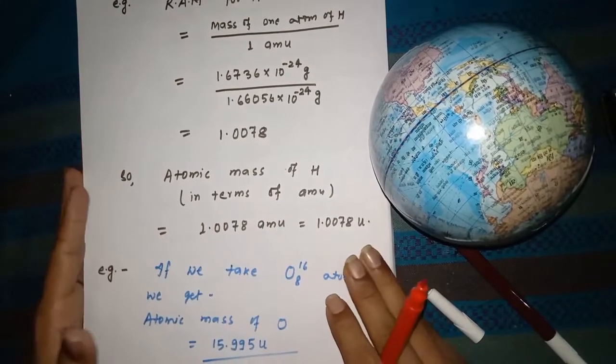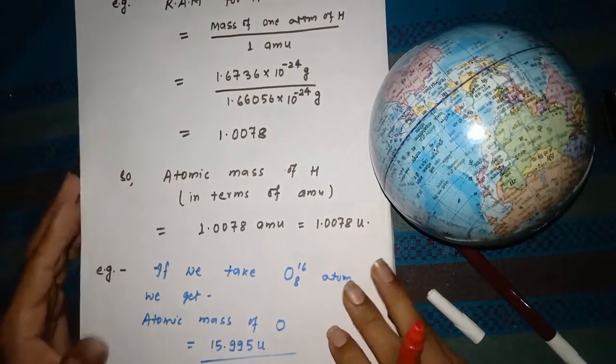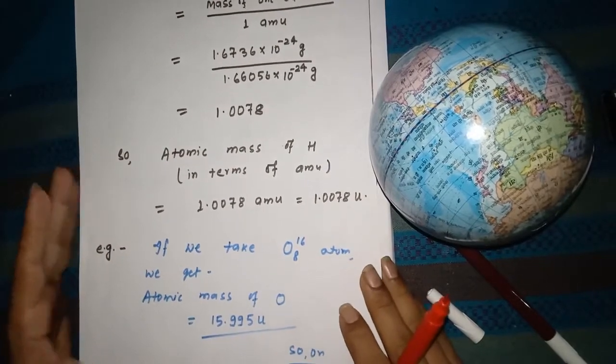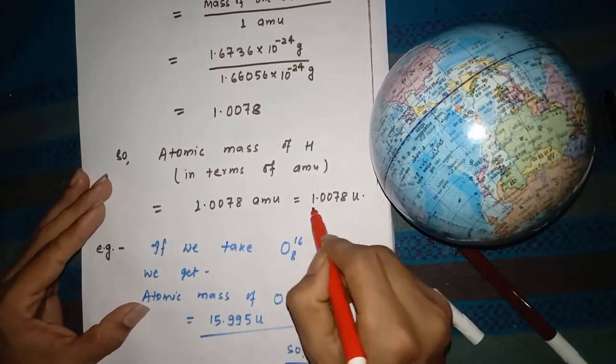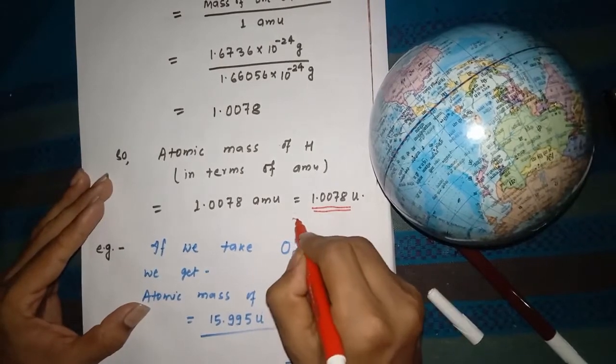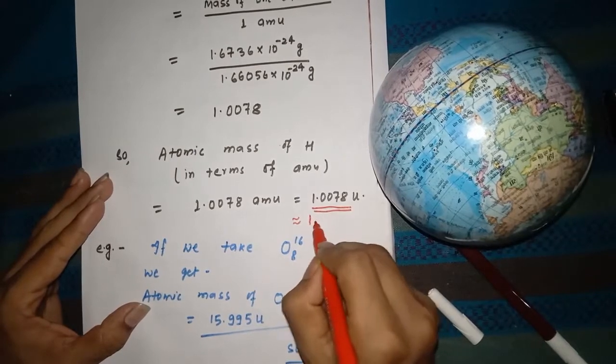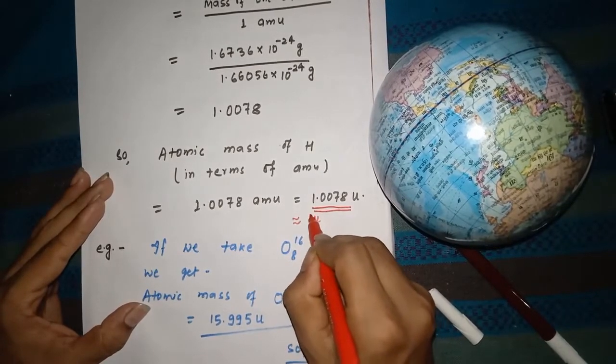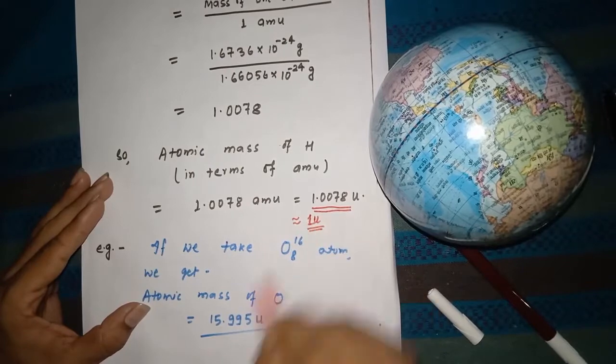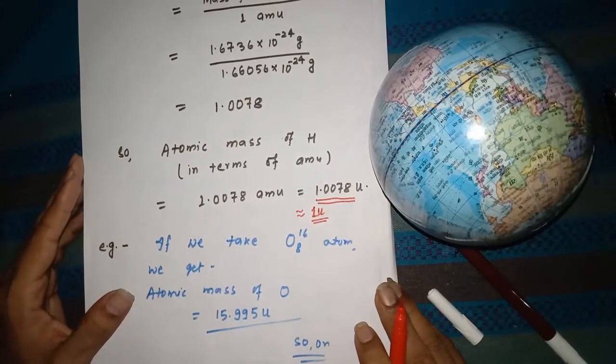This can also be written as 1.0078 U. That means the atomic mass of hydrogen is 1.0078 U, or by rounding off to 2 decimal places or 1 decimal place, it becomes 1 U. Have you got my point?